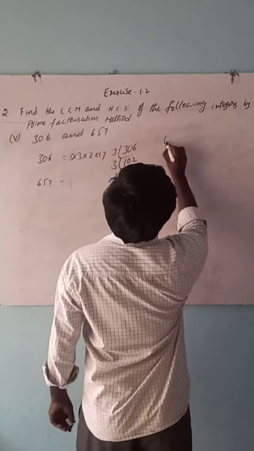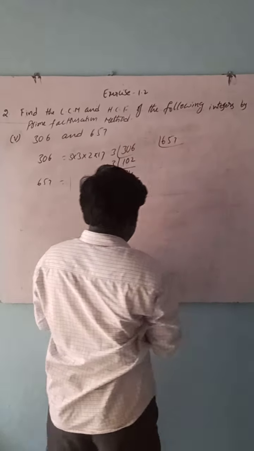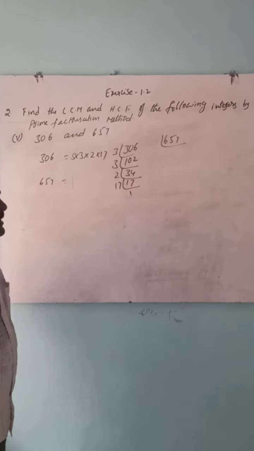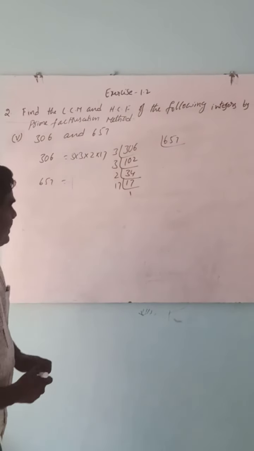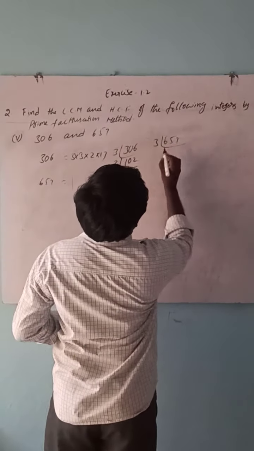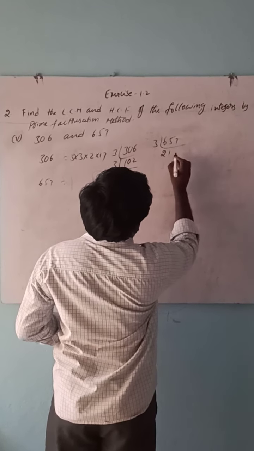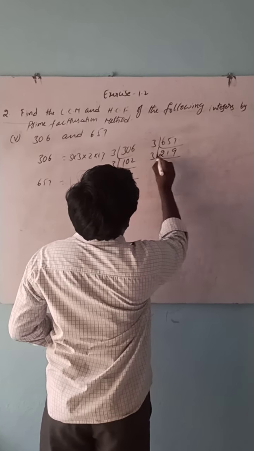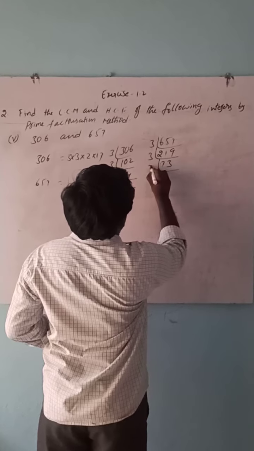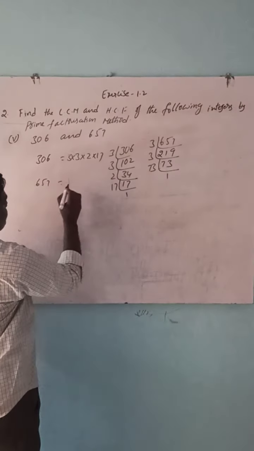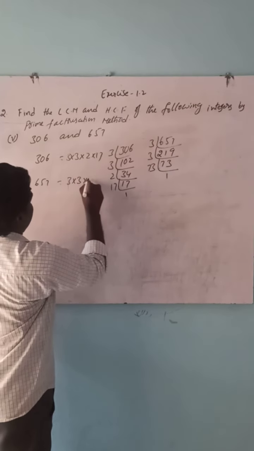Next, 657. Okay, it is not divisible by 2. Why? The last digit is 7. Next, 3. 3 2s are 6, 3 1s are 3, 3 9s are 27... so 3 into 3 into 73.